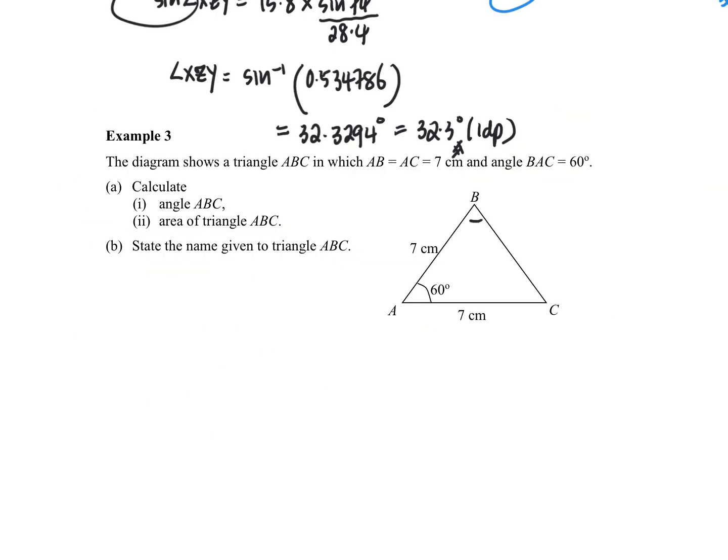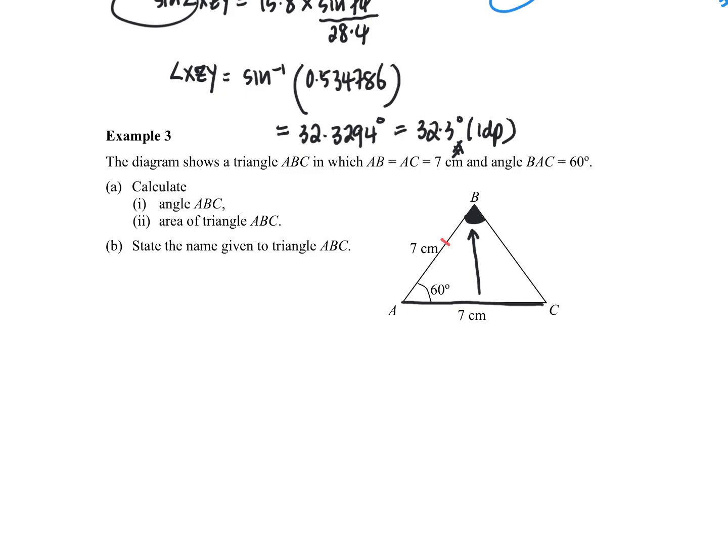So ABC is this one. Where is its pair? Where are its matching sides? Which one is matching to this angle? AC, right? Remember the side that is opposite to the angle is always its pair. Then the next one you need is the next pair. But before that, let's observe this triangle. What kind of triangle is this? Equilateral? Isosceles from one look.